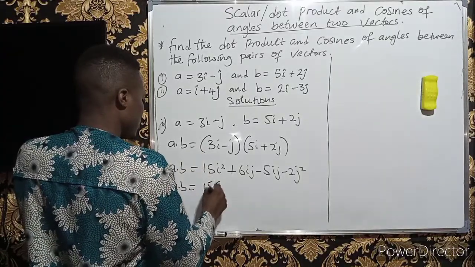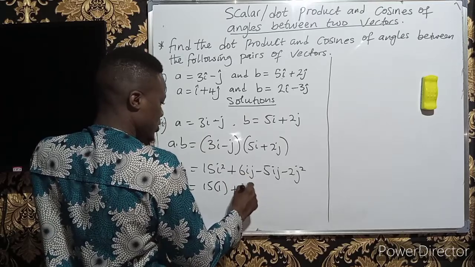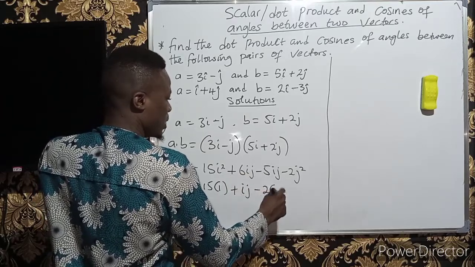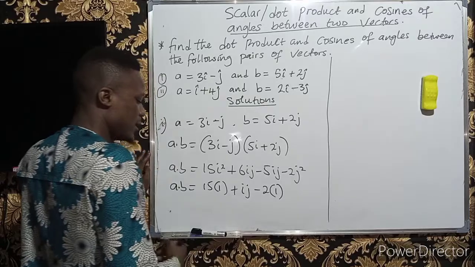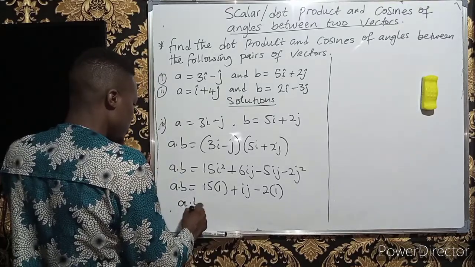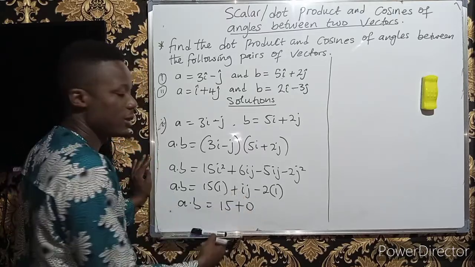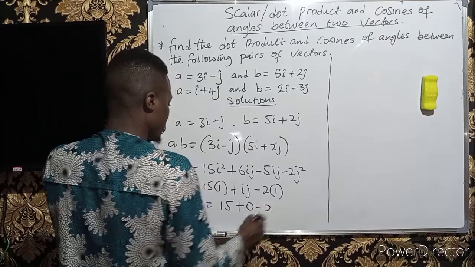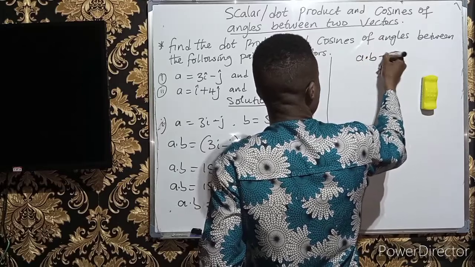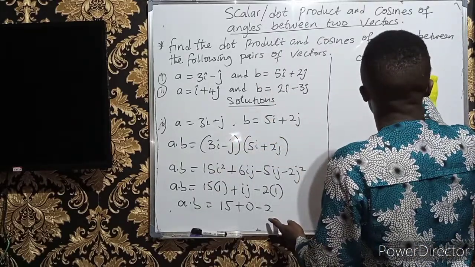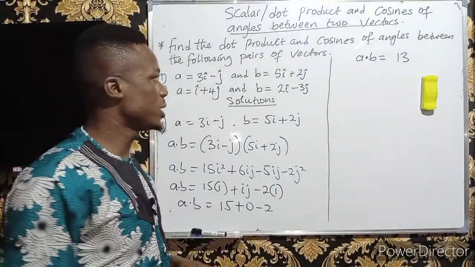So this is just 15 multiplying 1 plus 6ij minus 5ij is just ij remaining, minus 2 bracket j squared, which is still 1 because j squared is j times j. So finally, we shall have A dot B equals 15 times 1 is 15, plus ij is 0 because they are different, then minus 2 times 1 will give us minus 2. At the end of the day, you see that A dot B is now 15 minus 2, which will give us just 13. And the scalar product of the vectors A and B is 13.